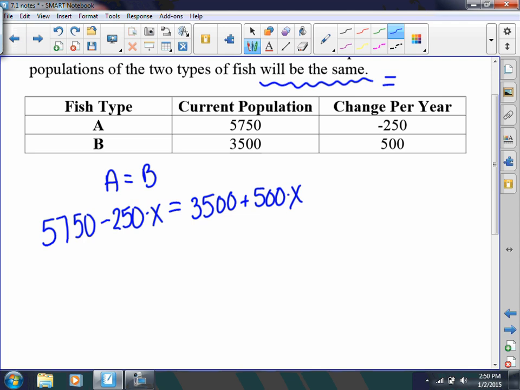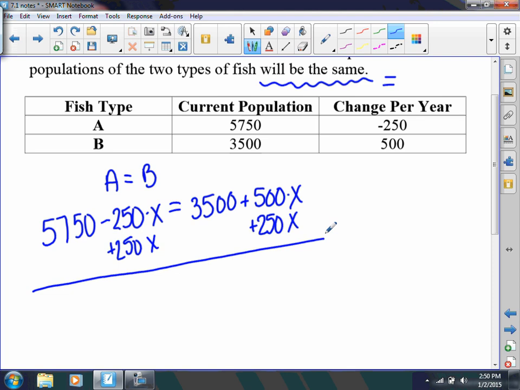So I'm going to add the 250x over to the other side because it's smaller. And we like to pick on the small amount, move it over to the other side. I'll have 5750 equals 3,500 plus 750x. And then I'll get the numbers over to the other side.